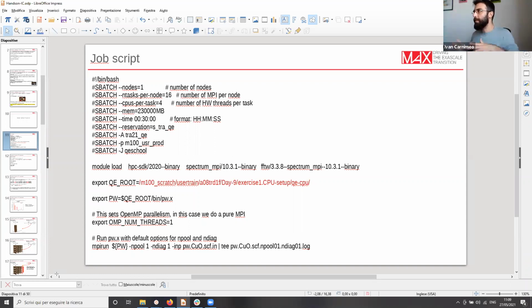So all this queuing system is managed by a manager, which is called SBatch. And we need to submit a job script to this batch system in order to run calculations.